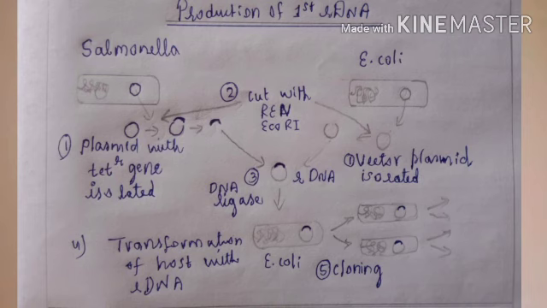After that, recombinant DNA plasmid containing tetracycline resistant gene was introduced into another E. coli bacteria. That E. coli bacteria once got transformed with the recombinant DNA multiplies and produces clone of recombinant DNA.